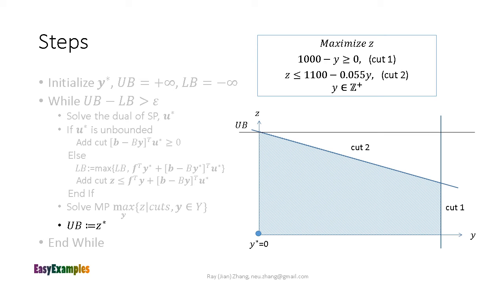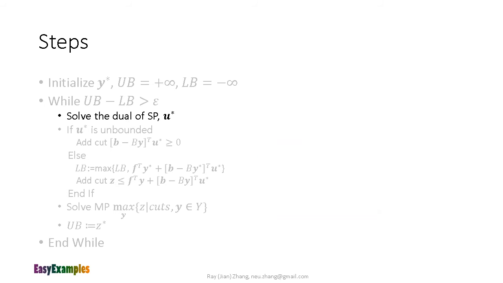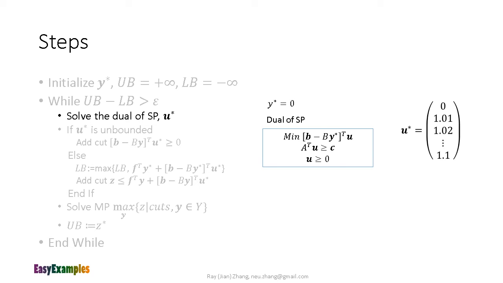Then we update the upper bound to the objective value. Because the gap between the upper bound and lower bound is higher than the gap limit, the iteration continues. We solve the dual of the subproblem with y star equal to 0, and we get the u star.